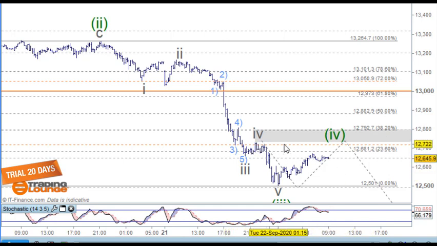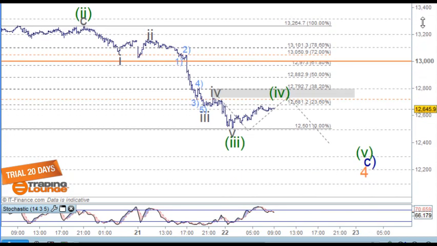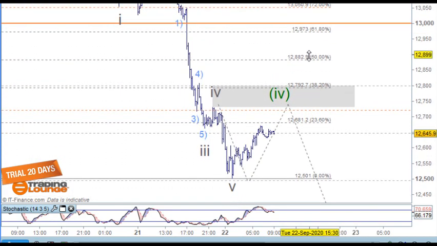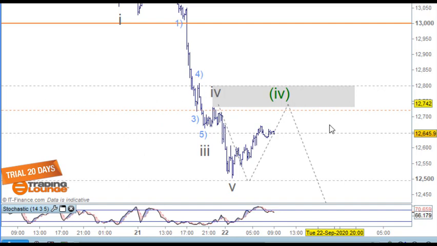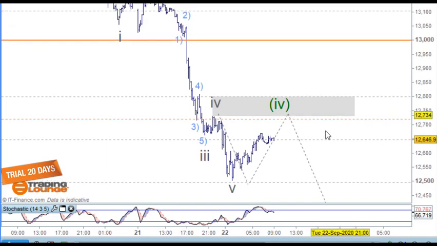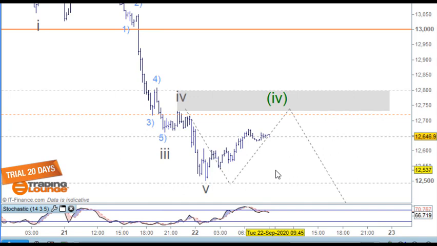The wave 4 of one lesser degree within group 2 here at the 12,720 area would probably be something we're looking at. And also, if the market's under a lot of pressure, you can short again at 12,600 in that space just to be safe at that point.